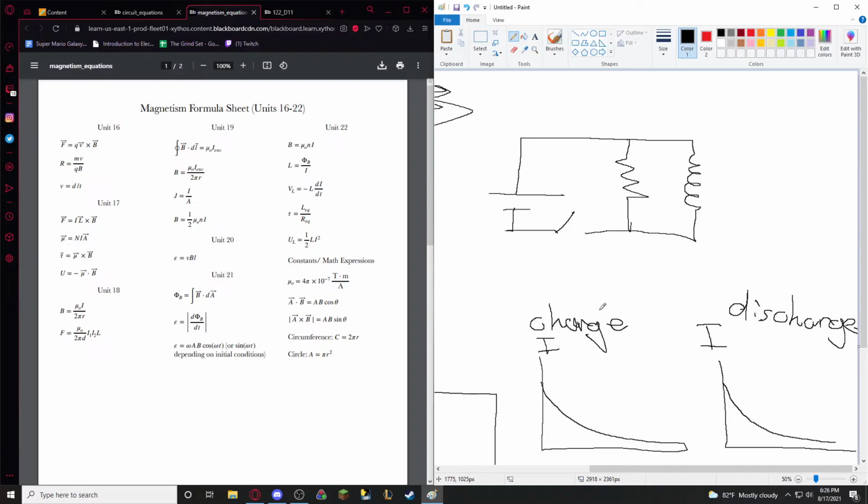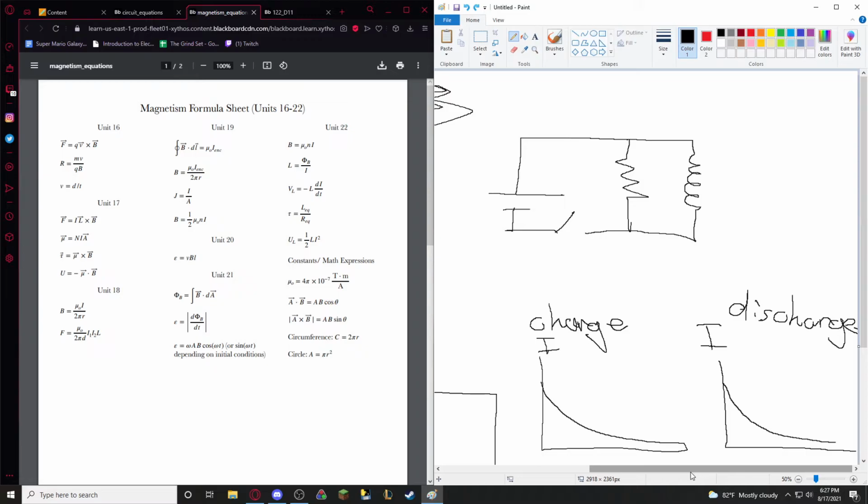Right after it closes, it's an open circuit, and then after a long time, it becomes a wire. Yeah, pretty much. So when we close our switch and connect the battery to the inductor and resistor, at first there is going to be no current flowing through it, just for that first moment.